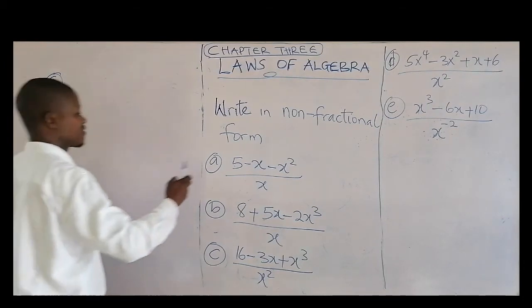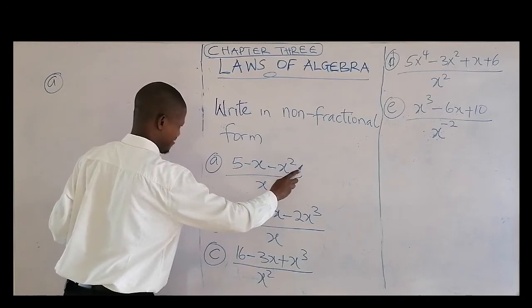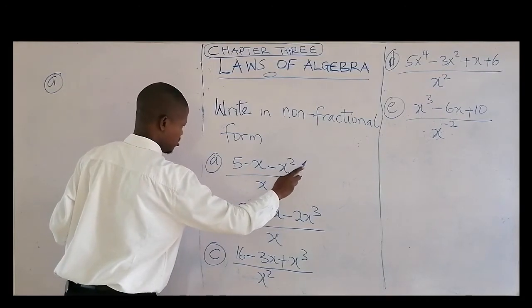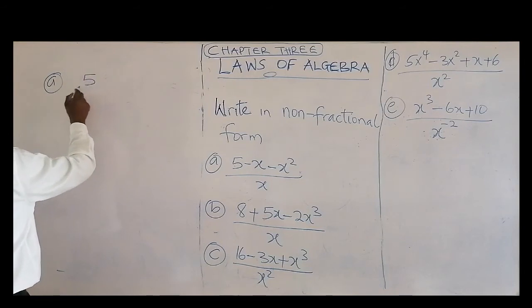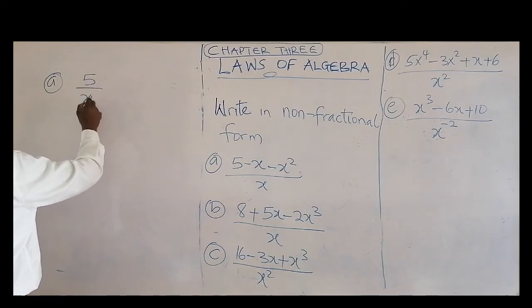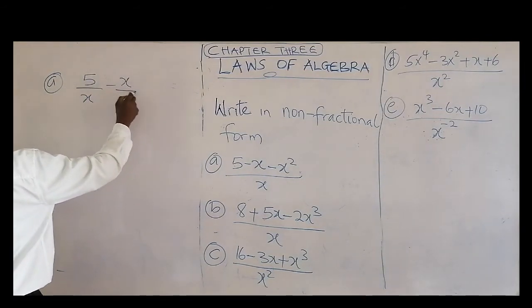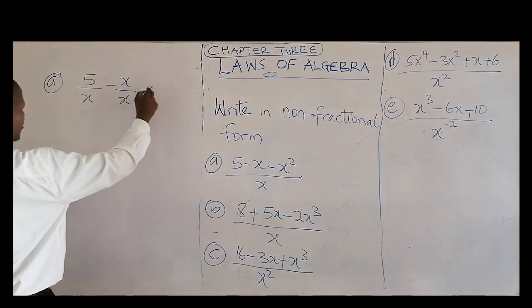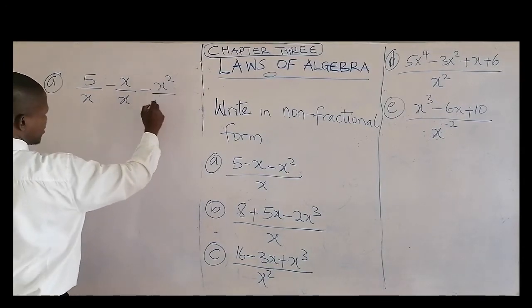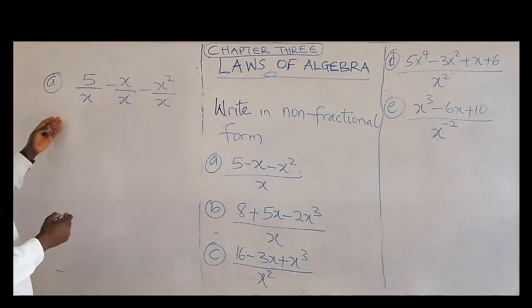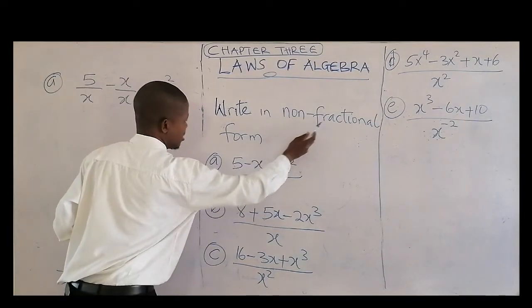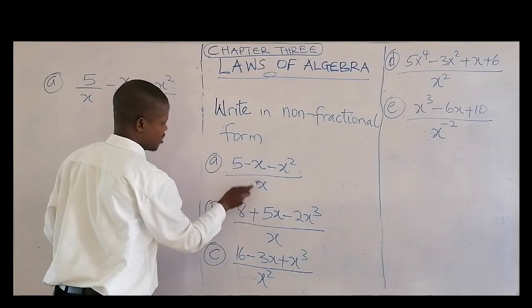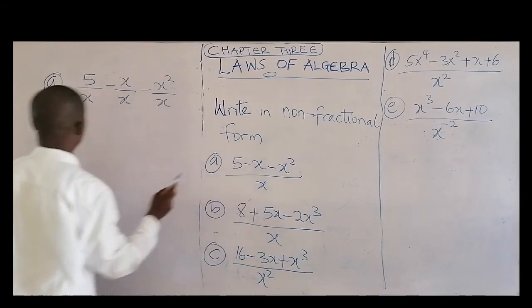But we are told to convert this to non-fractional form. So step 1 will be this one over this, minus this over this, minus this over this. That's the first step in transforming to non-fractional form. So it will be this one, this one, this one, this one, this one, this one.